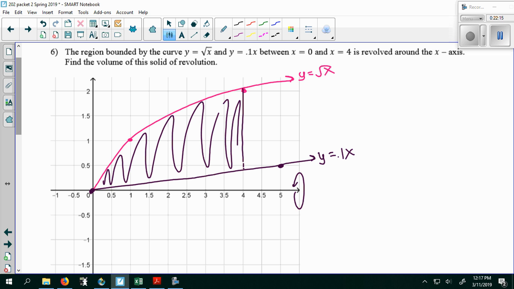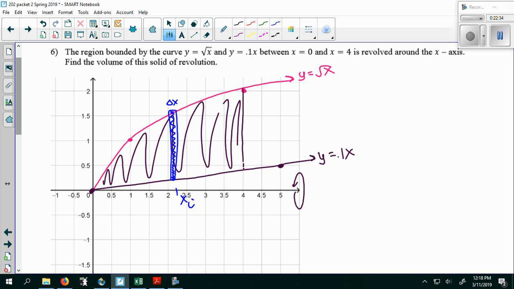So let's draw a representative rectangle at a random x value between 0 and 4. Pick this one right here. We'll call this x sub i. And I'm going to draw a rectangle at x sub i. It has a little bit of thickness, delta x.